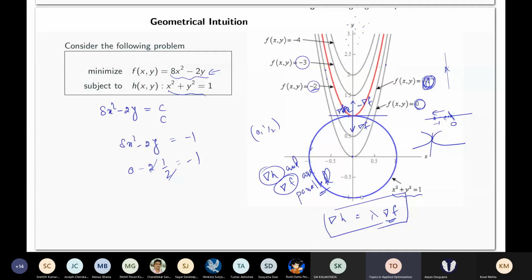Now this is the mathematical characterization. I have figured out what this really means. So solving this problem now boils down to satisfying this condition along with the equality constraint, y square equal to 1.